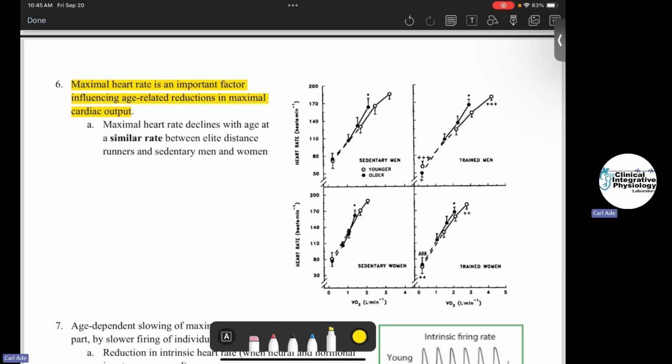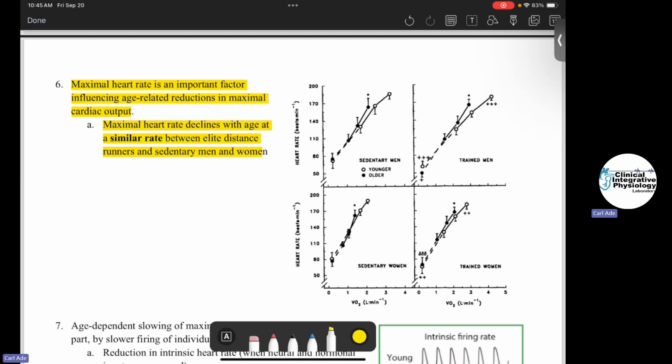That maximal heart rate really influences the age-related reductions in maximal cardiac output, such that we see that max heart rate decline with age at a similar rate, whether you're trained or sedentary.